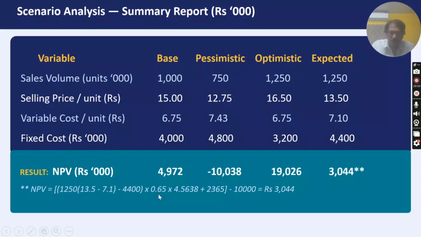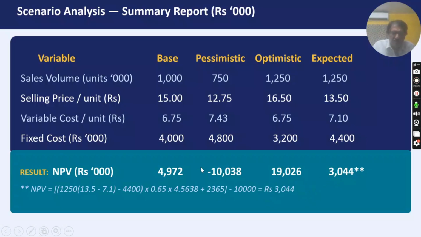The remaining amount will be this, multiplied by the cumulative discounting factor for 7 years, because every year this amount is getting 4.5, plus this is the tax saved for depreciation at present value, and this is the total present value minus 10,000, the outflow of funds. And this is one case I have shown here.